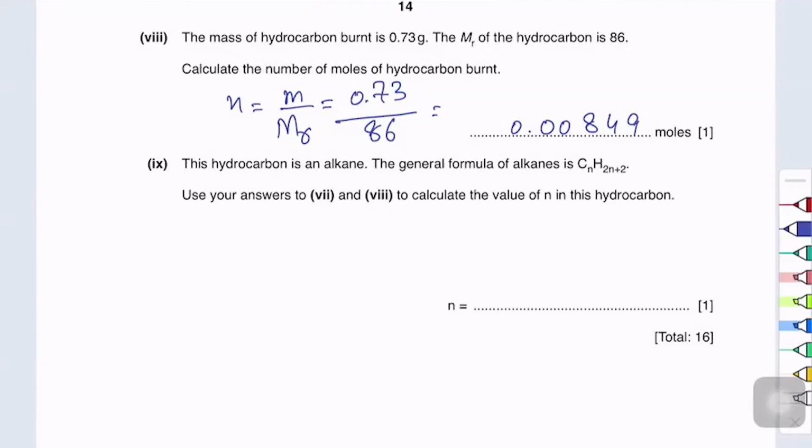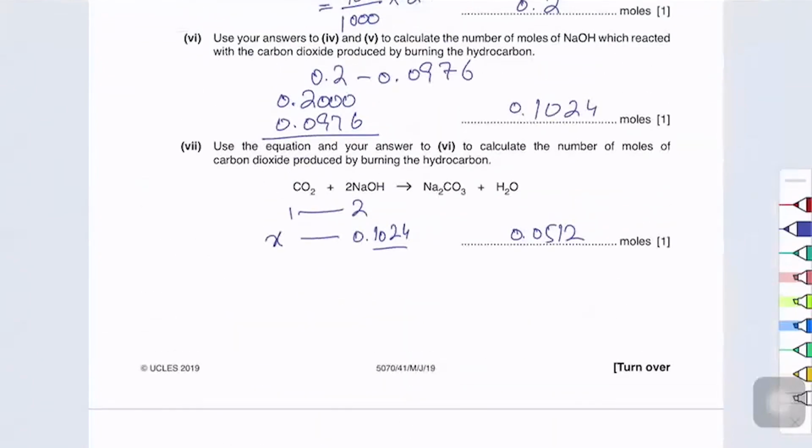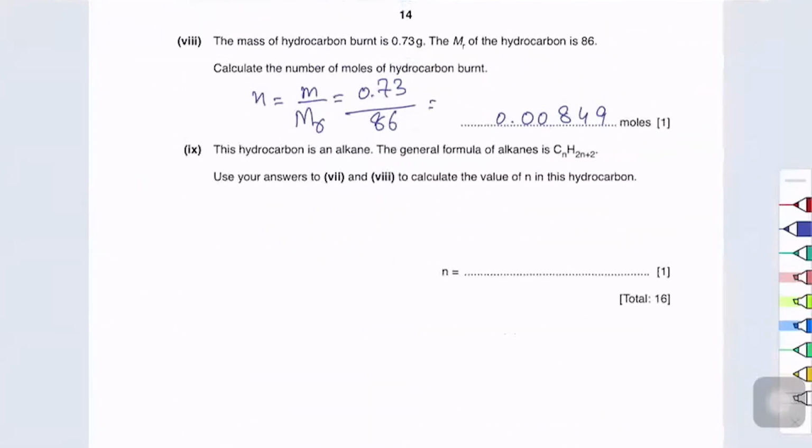Okay, the general formula of alkanes is CnH2n+2. Use your answer to figure out n. Let's see. This is the moles, 0.00849, the moles of alkane. This is the moles of carbon dioxide. Now, we know from organic chemistry that however many carbons you have, that's the number of moles of carbon dioxide that you get.